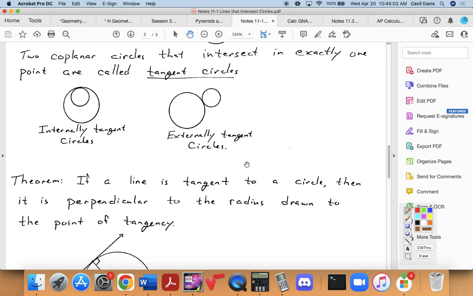It was a toy that kids played with, and what it had is it had these different size gears, and it had a hole in it that you put your pencil in, and as it rolled around, it made these cool patterns. And you could do it inside the circle, or you could do it outside the circle. That's the same idea as internally tangent circles versus externally tangent circles.